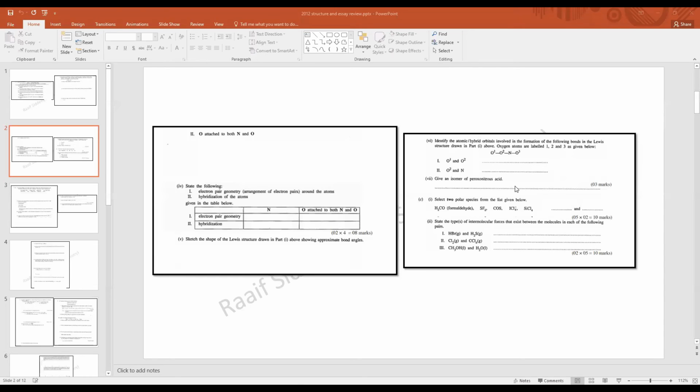So this is our peroxonitrous acid. Now, if I think about the formula, this is HNO3, right? But the original formula of this is HOONO. This is the peroxo acid. But now they are asking for an isomer.